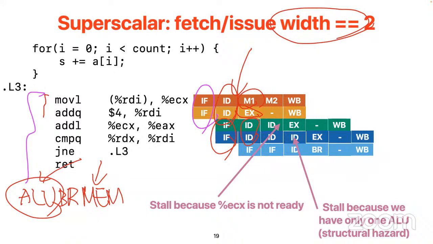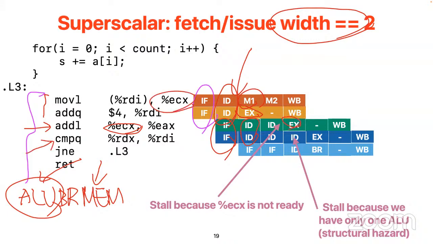However, if you keep going, you will figure out that maybe the performance gain is still limited, because I have my third instruction coming in. Unfortunately, because the ECX value is not ready yet, this one has to wait.